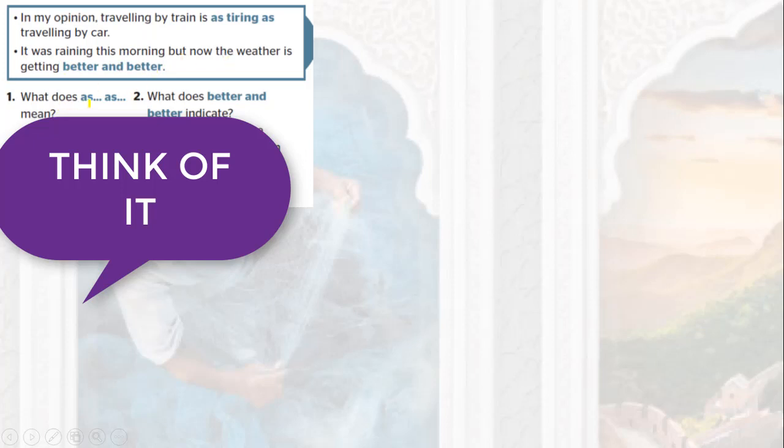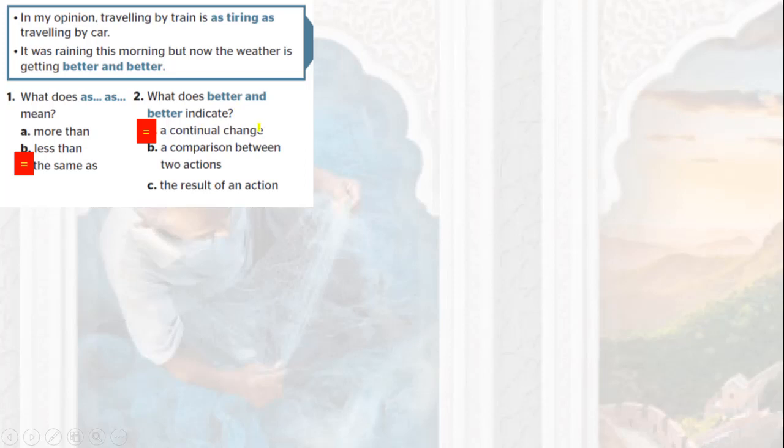So what does as adjective as mean? It is used to express a similarity, means the same as, and the form better and better indicates a continual change or an evolution.